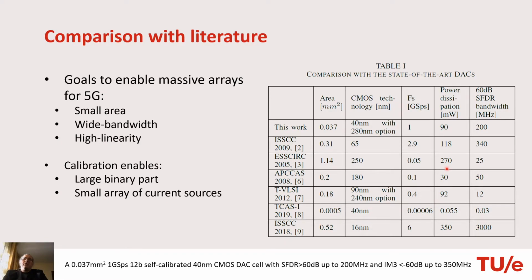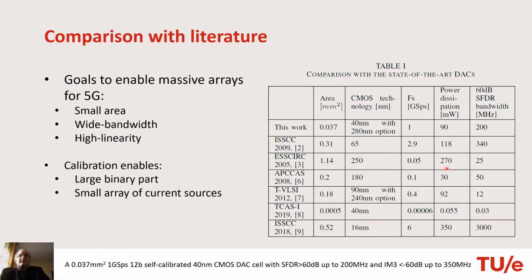So our goals for this design, to enable, for example, massive arrays for 5G, for digital beamforming, we need small area because we want massive arrays integrated in a single chip. We want wide bandwidth and high linearity because these are for telecom, for wireless communication.